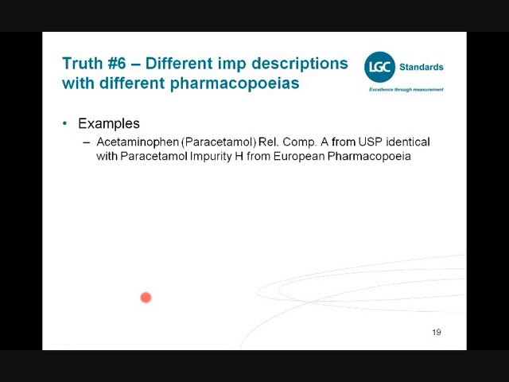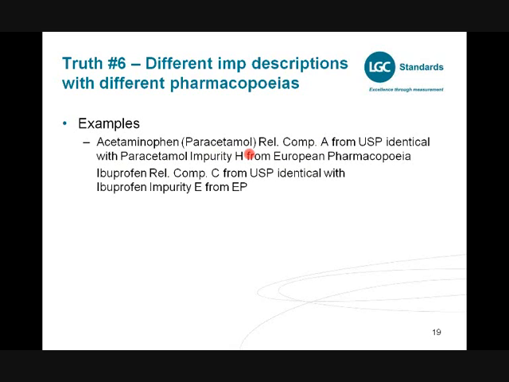For example, the acetaminophen, or as we call it in Europe, the paracetamol related compound A from the USP is not identical with impurity A from the European Pharmacopoeia, but is identical only with paracetamol impurity H from the European Pharmacopoeia. Another example is the ibuprofen related compound C from the USP.